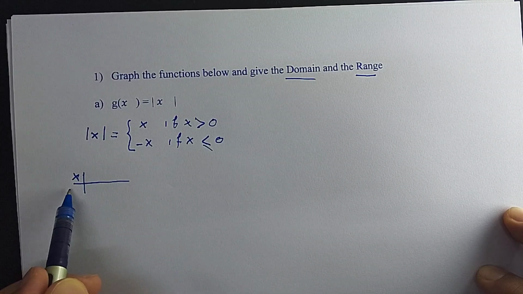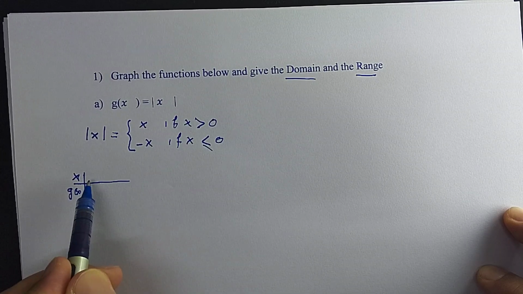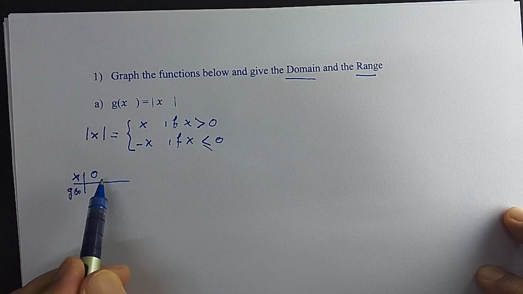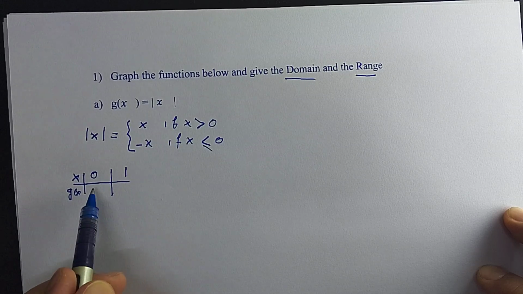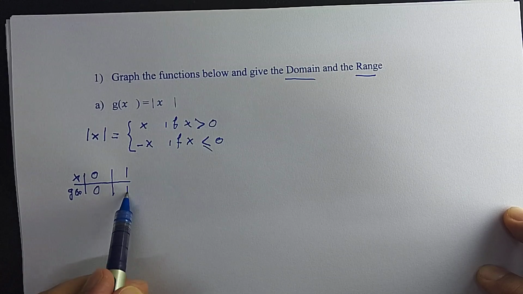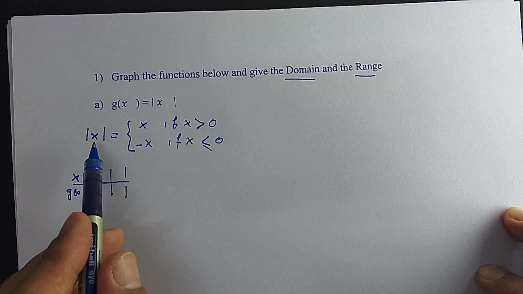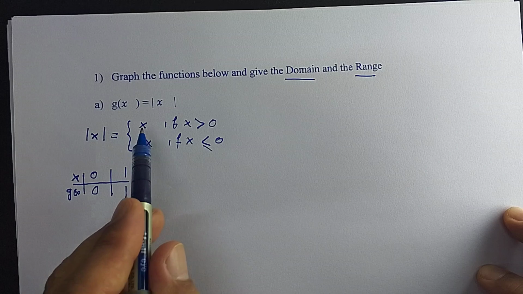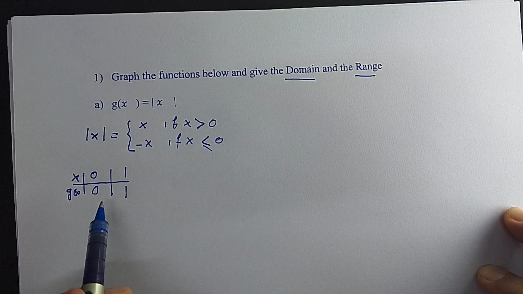Let's see g(x) in a small table, at 0 and 1. The image of 0 equals 0, the image of 1 equals 1, because g(x), the absolute value of x, equals x. So this is the first one.